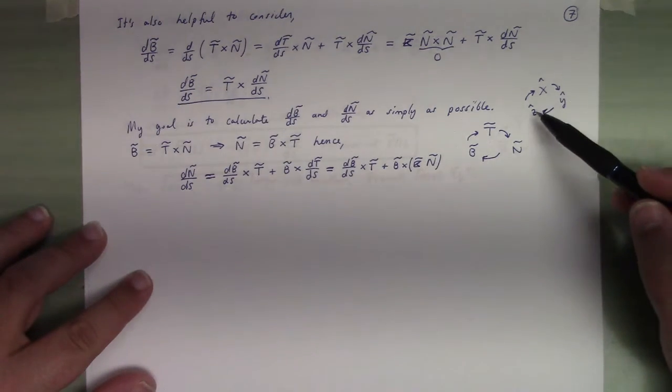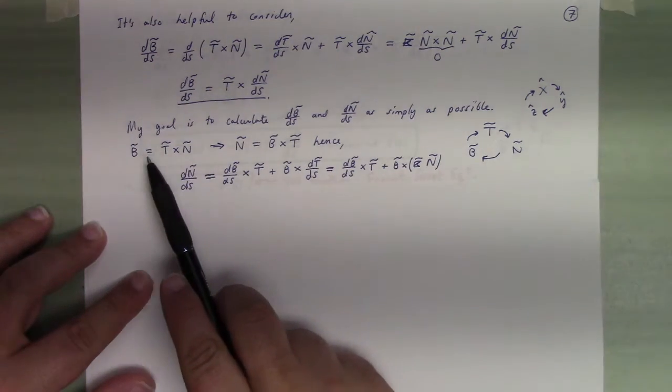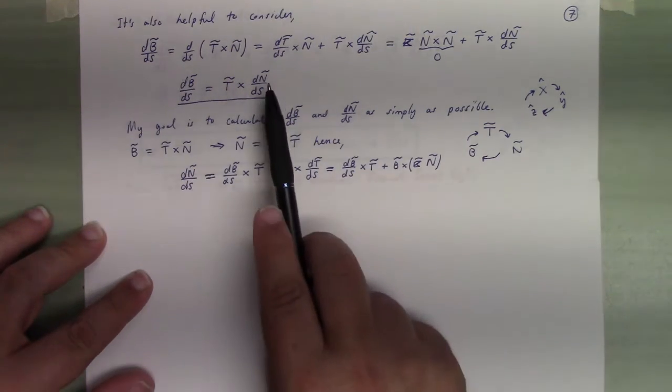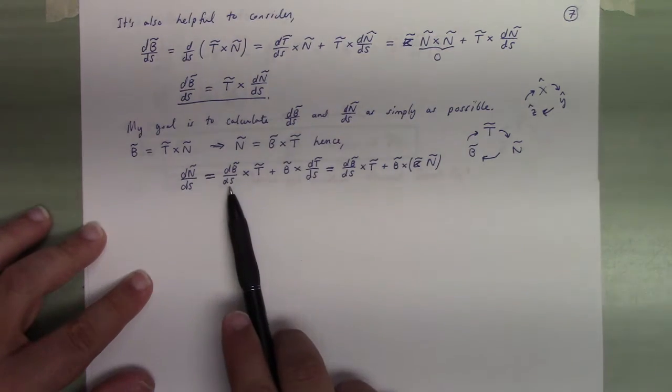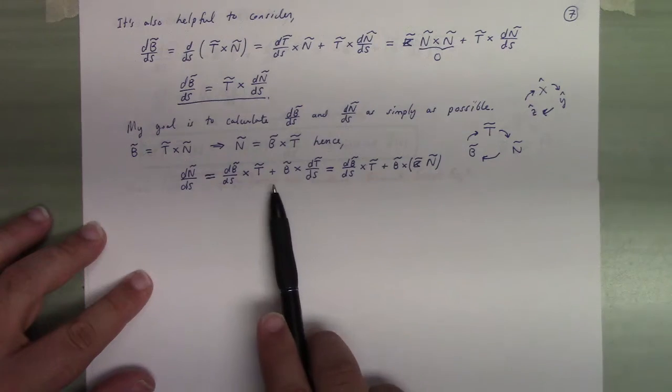So z cross x is also y. I can also say that n tilde is b cross t, which means I can calculate n tilde prime by differentiating that: b prime cross t plus b cross t prime.